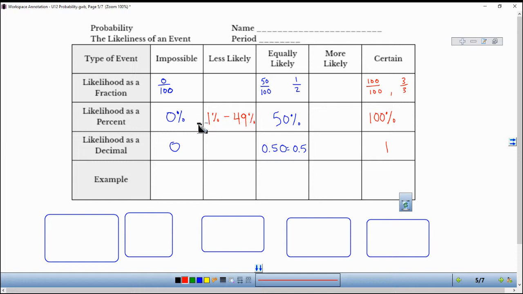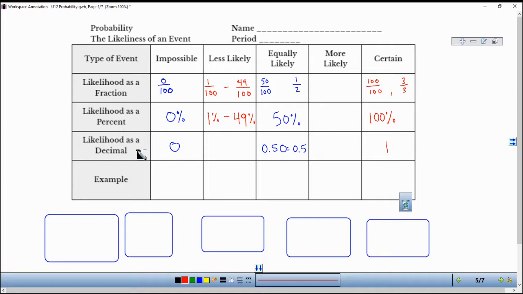But it's somewhere in that range of 1% to 49%. It could happen. It's just less likely to happen. As a fraction, we might say that's somewhere between 1/100th, since 1% is 1 out of 100, and 49 out of 100.